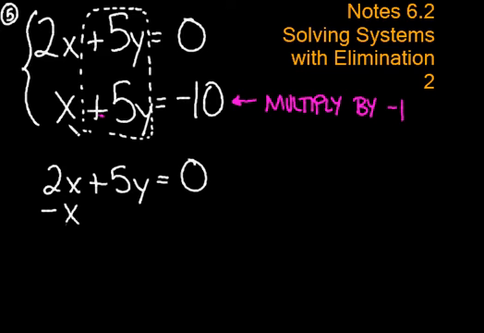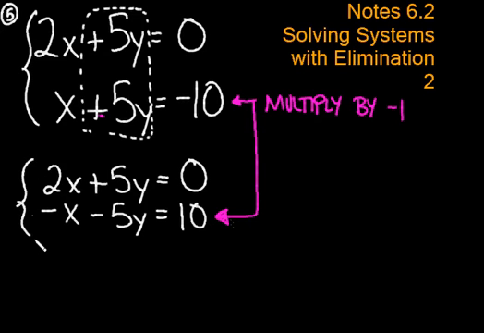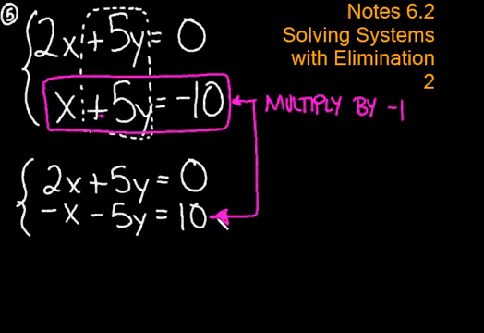So the x turns into negative x, the 5y turns into negative 5y, and the negative 10 turns into positive 10. Again, all I did was take this equation and multiply everything by a negative to get this new equation. Take a second look at it. This equation, if we switch all the signs, is this bottom equation now.